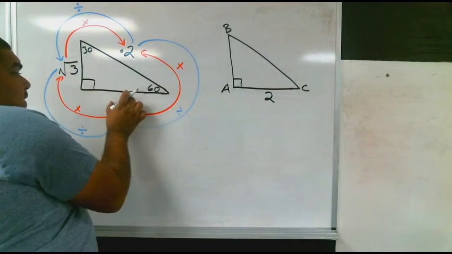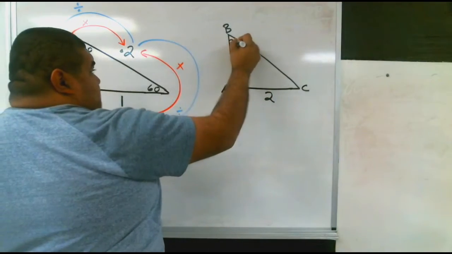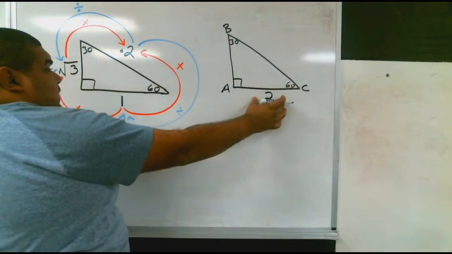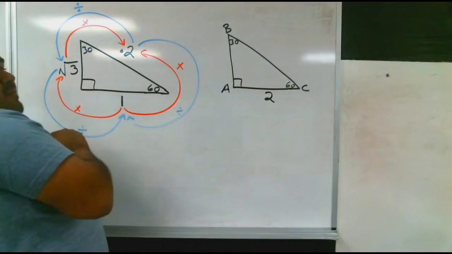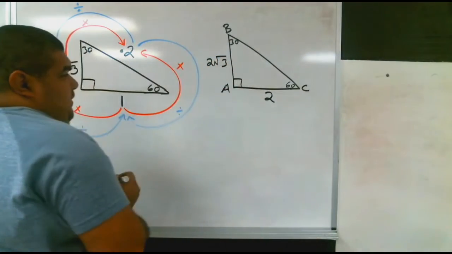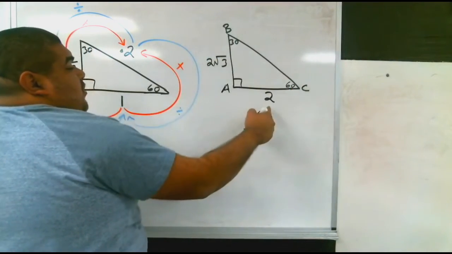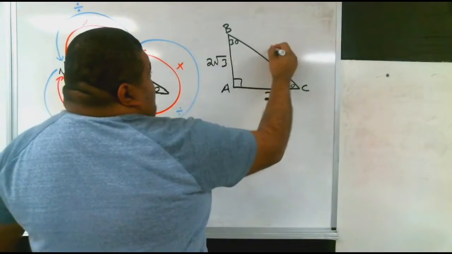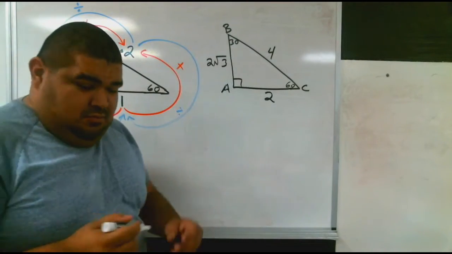Remember, since we have the value from the bottom, this is 30, this is 60. In order to move it to the middle side, all we have to do is multiply times radical of 3. So our answer will be 2 radical of 3. And over here, on the other side, the hypotenuse, 2 times 2, because it's times 2, would be 4. That is the rule.